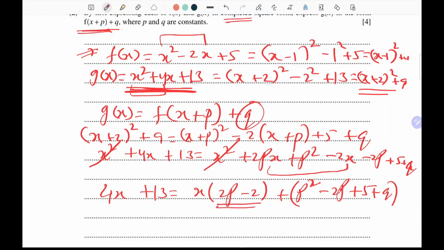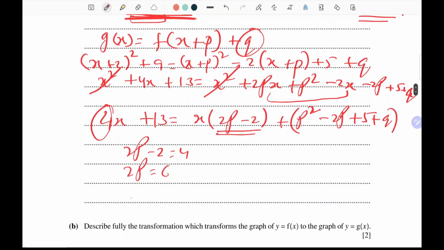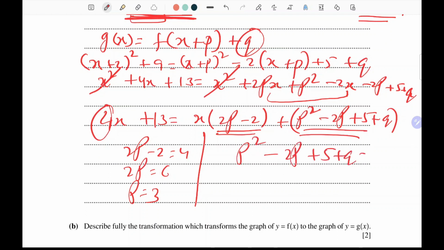So guys, the x coefficient is 2p − 2, and here the x coefficient is 4, right? So 2p = 6 and p = 3. Okay, great. Now the constant part is p² − 2p + 5 + q, and the constant part is 13. Now put the value of p here.